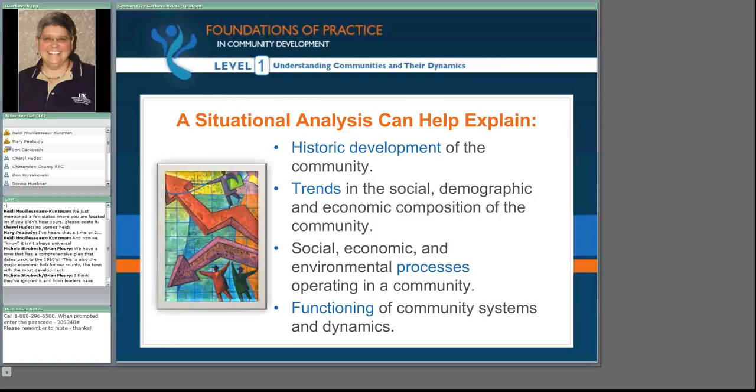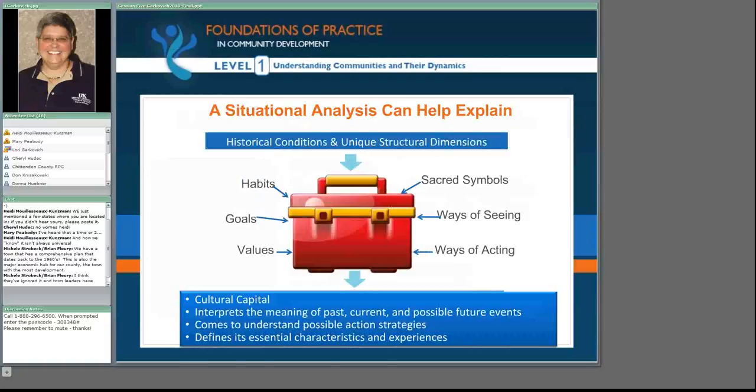That situational analysis also helps us understand social, economic, and environmental processes that are operating in our community, as well as the functioning of community systems and the dynamics of how we interact with each other. I think it's also important to point out that the situational analysis can help us understand cultural capital.